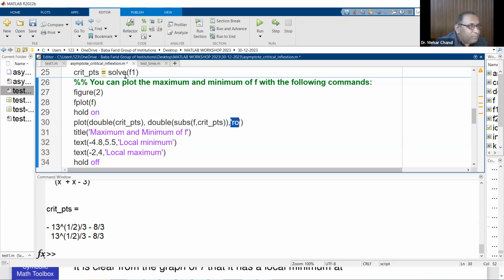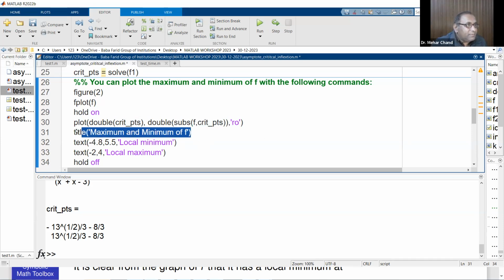The critical points you get from this statement will be plotted automatically by this statement. The points' size is double, and all these are passed through substitute. Subs is used for substitution. The values you get for the critical points you pass through the function to plot. F is the function, and you want to substitute these values for the plot of the graph.